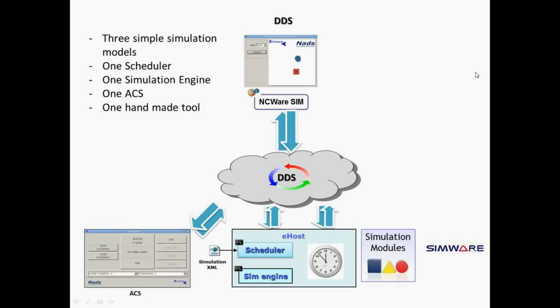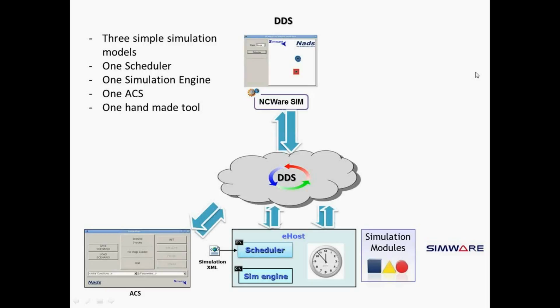In Simshapes, we have three simulation models. One is a square with a behavior, a movement in this case. The other is a triangle that moves, and the other is a circle that moves. Well, in Simshapes example, we also have a scheduler and one sim engine in this case, and ACS.